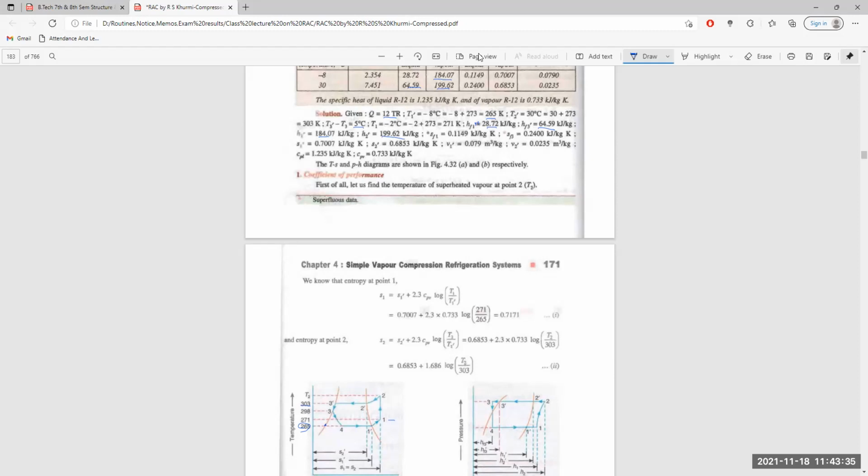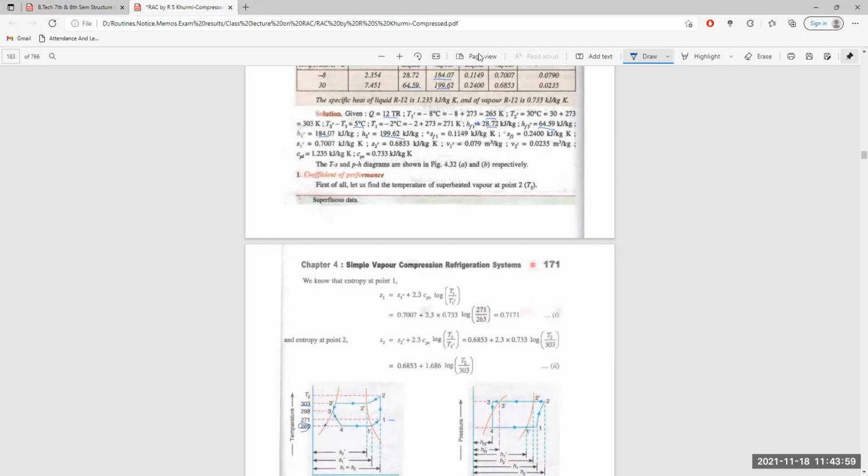So 0.1149 kilojoule per kg is the entropy at point 1 in the fluid state. And entropy at the fluid state at point 3 is given as 0.24, which is at 30 degrees centigrade.